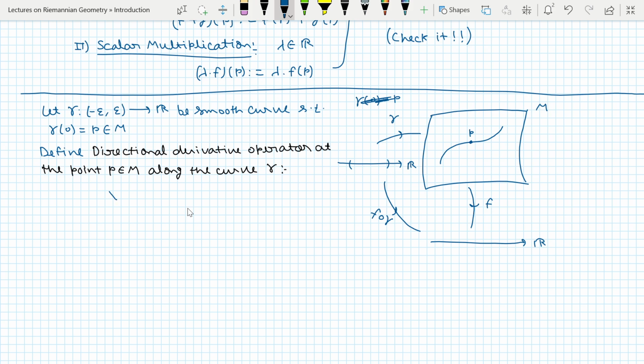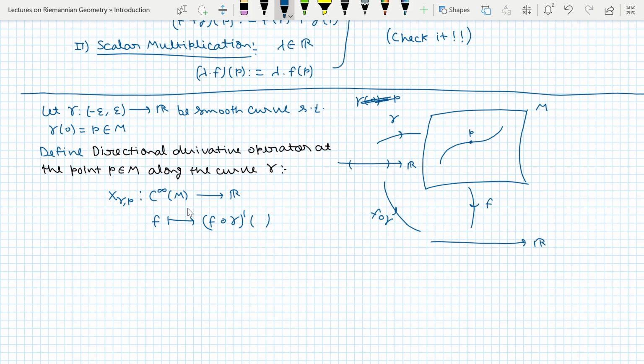We denote it by X_gamma,P. This is a map from C infinity of M to R. What it does is take the function f from M to R and map it to f composed with gamma, differentiated, and evaluated at the point P.